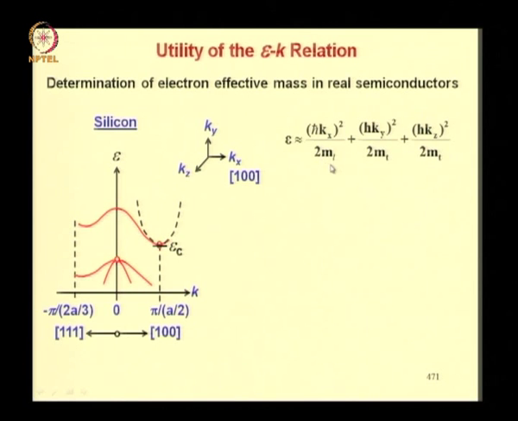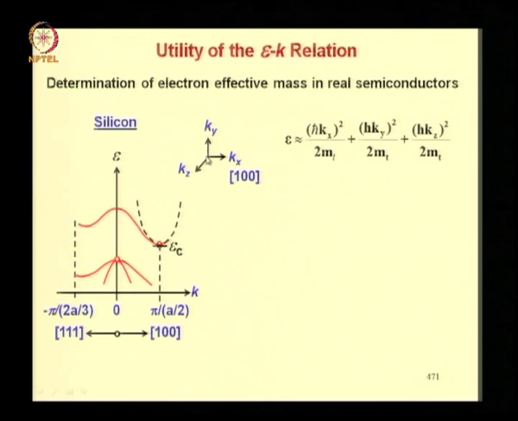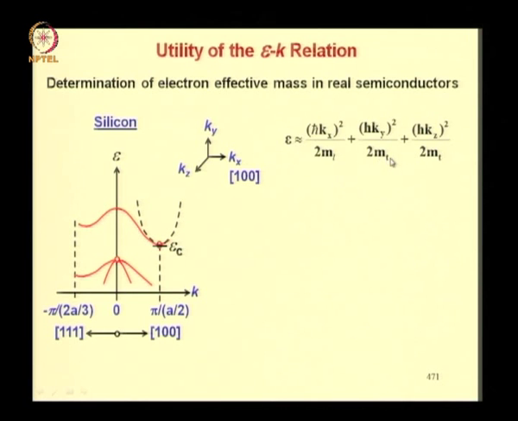The effective mass term coming here is referred to as longitudinal because it is in the direction of the principal axis 100, okay, kx. Ky and kz are transverse to this axis, therefore the effective mass terms coming here are represented by the symbol mt. So this is transverse, transverse to the axis where kx is assumed to be the principal 100 direction.